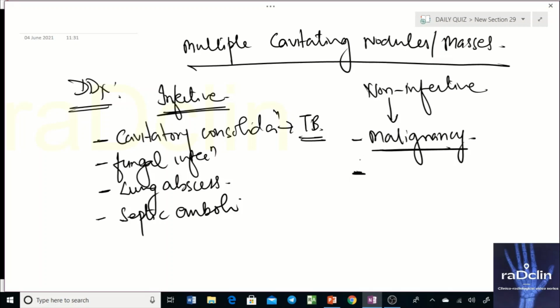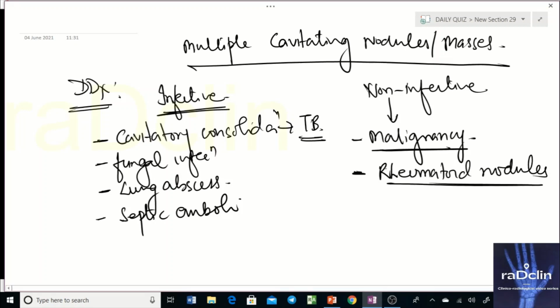Speculations are there. Now another non-infective cause could be a rheumatoid nodule. These rheumatoid nodules, which are also associated with subcutaneous rheumatoid nodules, are basically necrobiotic nodules. So they have central necrosis.